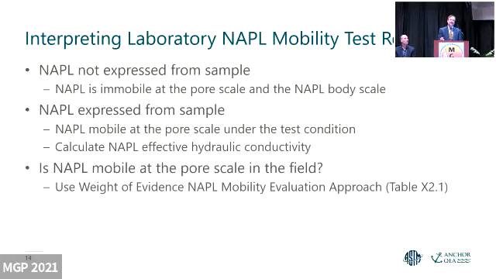And one of the first things that the guide acknowledges is that if NAPL comes out in a known period of time under a known hydraulic gradient with a sample of known geometry, that creates an opportunity to calculate the hydraulic conductivity of the NAPL phase itself. And then that can be used as one of the lines of evidence in a weight of evidence procedure to interpret whether the NAPL is likely to be mobile or immobile at the field scale or under field conditions.